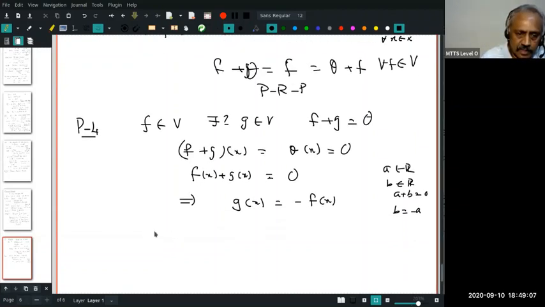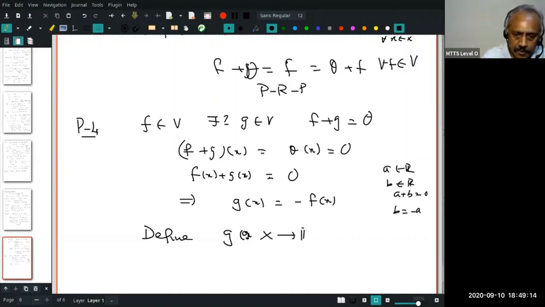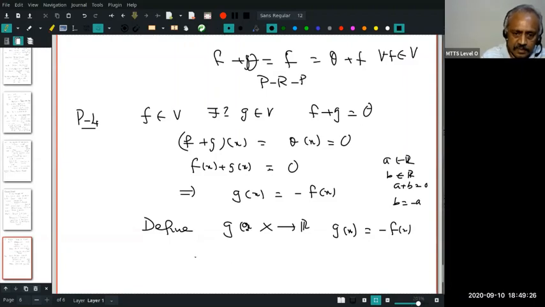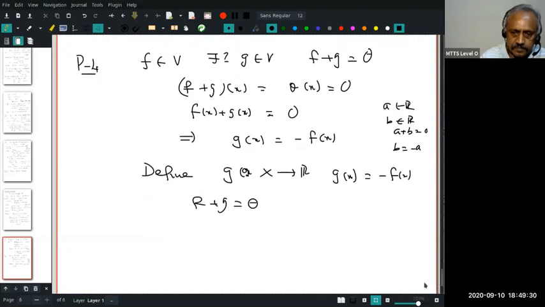Therefore, I now define g from X to R by g of x equal to minus fx. What is minus fx? Look at the value of f at x and take the additive inverse of that real number. Okay, then f plus g is theta. Yeah, please pause, review, proceed.